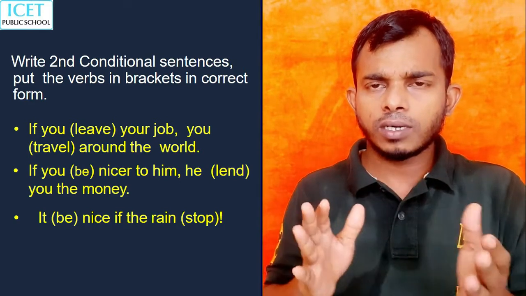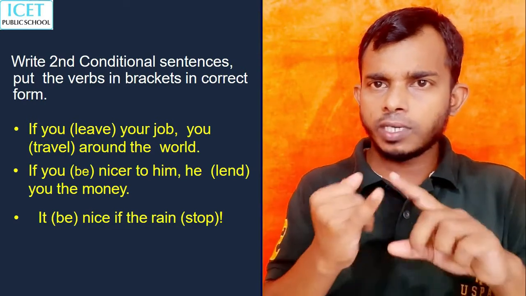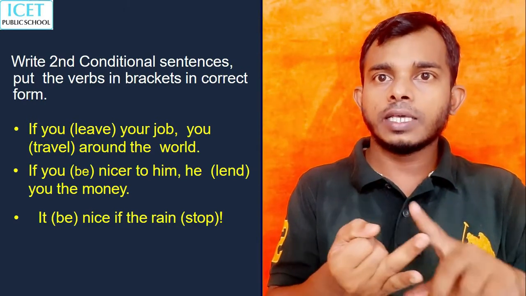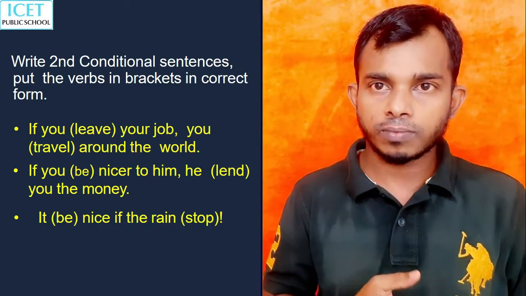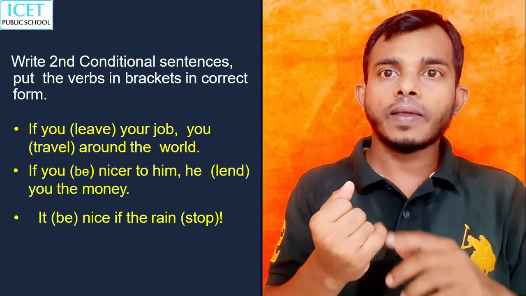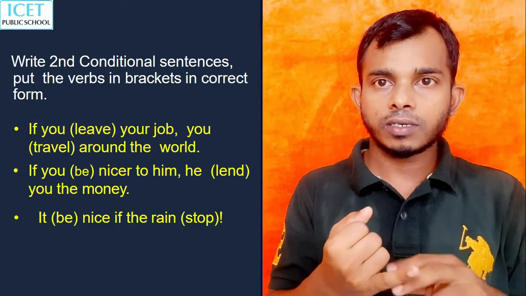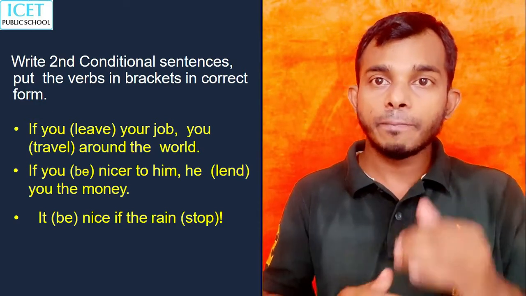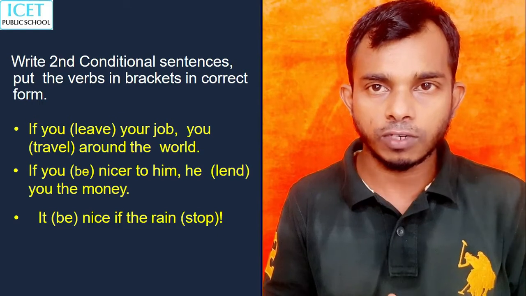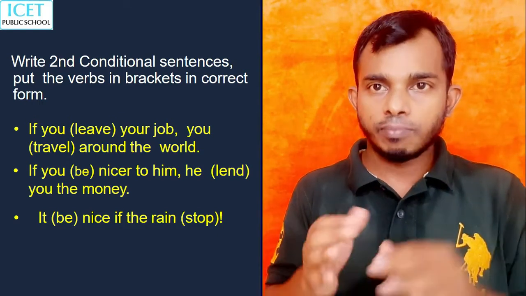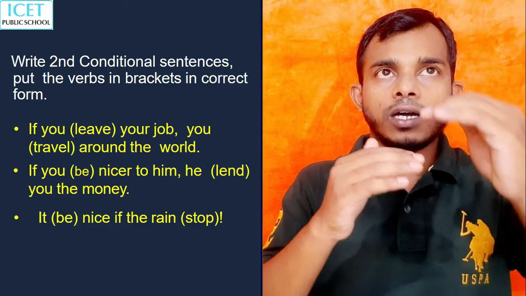So be, the different forms of be: be is the present form, was is the past form, then will be is the future form. The verb has three forms: be, been. Okay, been is the past participle form of the verb, being is the ing form of the verb. You can understand. And when it comes in the present, be has the different other verbs.